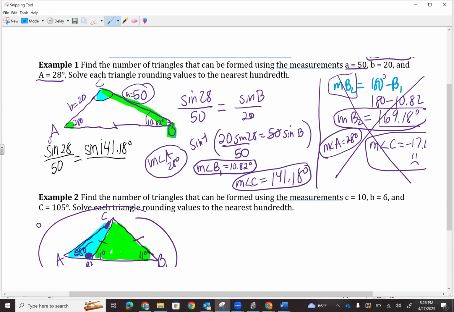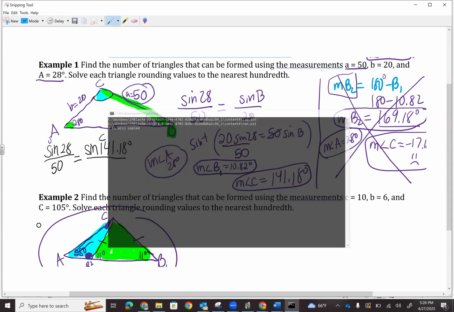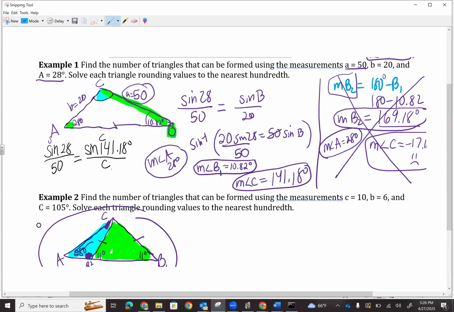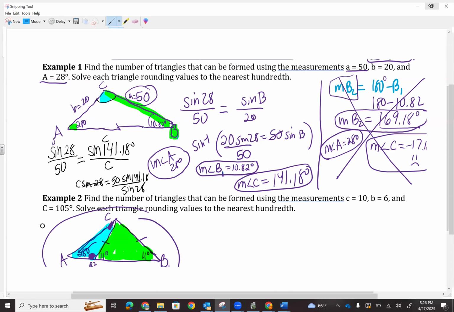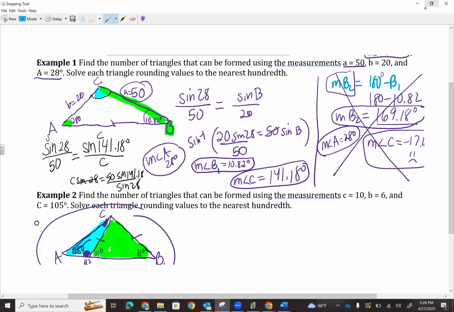Okay, and so we're going to do sine of C over length of side C. And so if we cross multiply and solve this, we're going to get C sine of 28 equals 50 sine 141.18. Divide both sides by sine of 28. What I would do is take out my calculator and put that as a fraction, okay? And then I would get the length of side C to be 66.76.